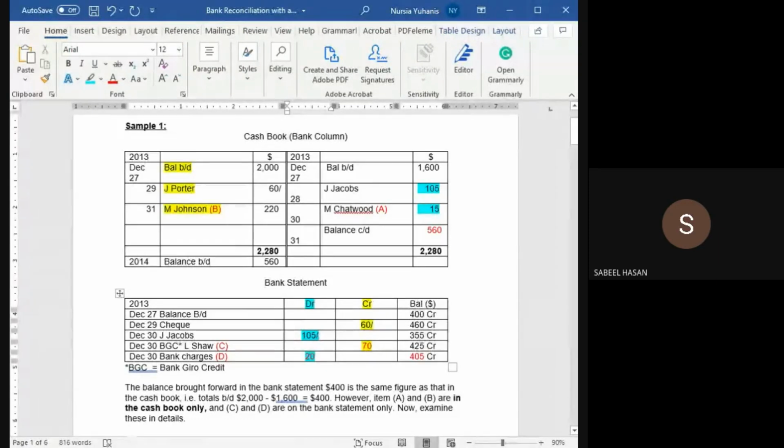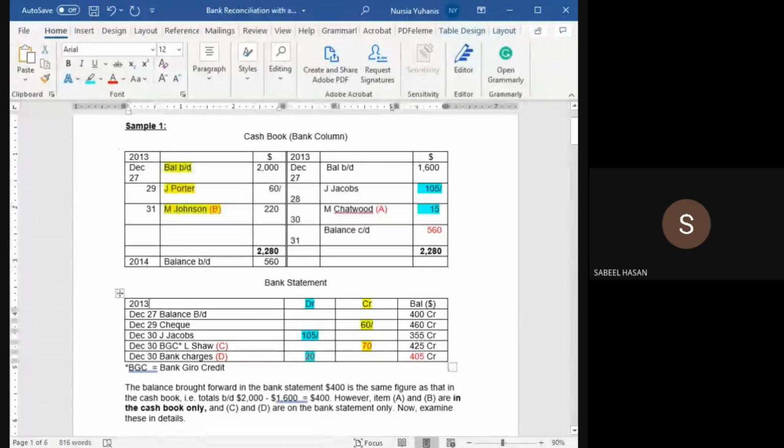And this one also I tick. This is there. And then what about Chatwood? Chatwood 15. Can you find 15 here? No. So this one I mark as A. You can mark this as A, as B, whatever you want, or whatever number, to indicate that that one is not available in my statement. So meaning these two are not available. Right. So I clear the highlight.